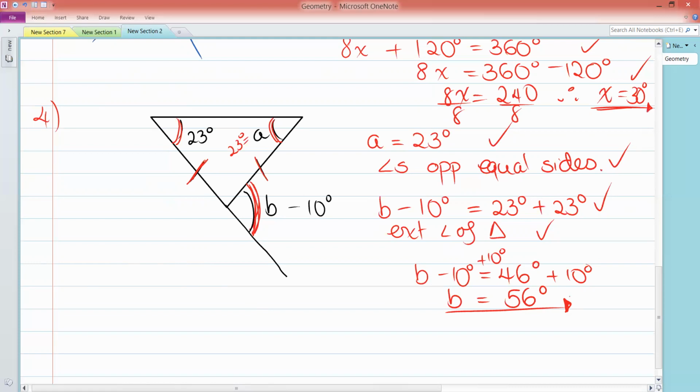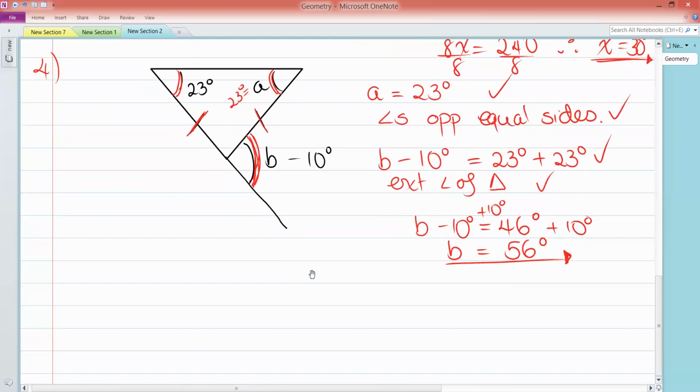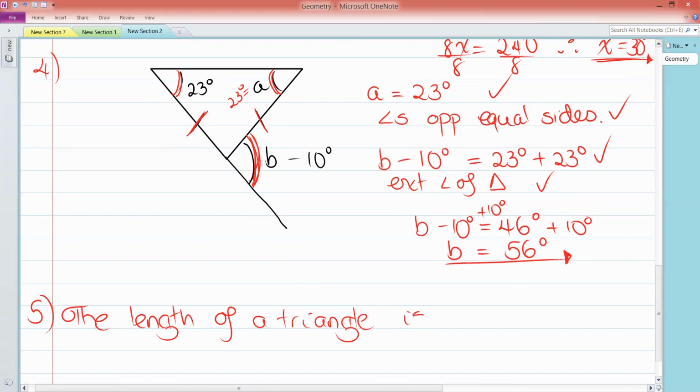I have a word sum for us before we go. My word sum is the following. The length of a triangle, okay, so I'm going to write it out. The length of a triangle is 5 centimeters more than its width.